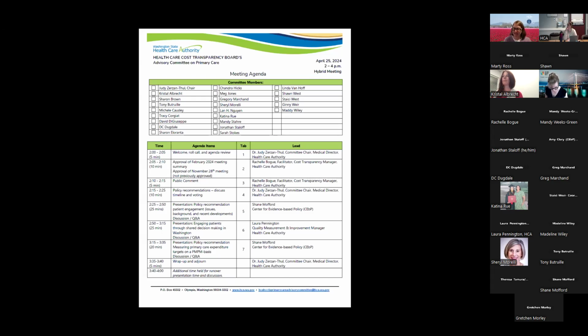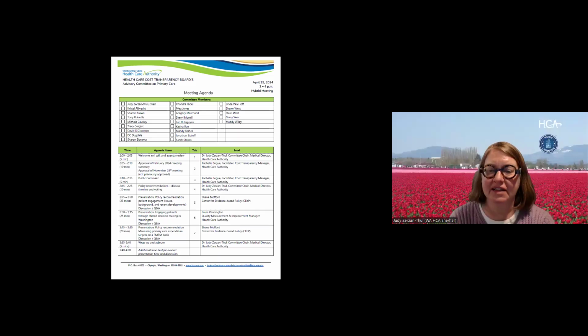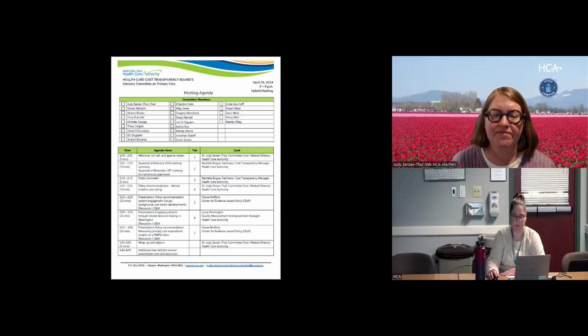Next is Shane from the Center for Evidence-Based Policy on the topic of patient engagement. We heard a little bit of a presentation on patient engagement already from Department of Health, but Shane's going to provide us with more information on the policy and background to consider. We are also going to hear from Laura from HCA, who's going to walk us through some patient engagement efforts that HCA is working on.